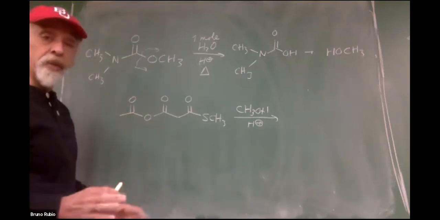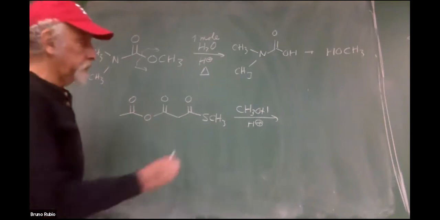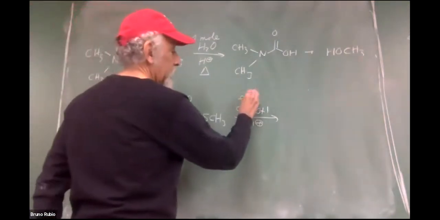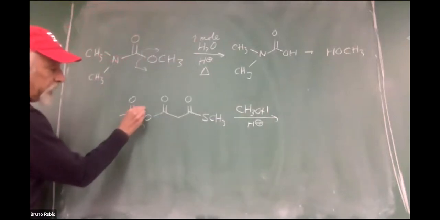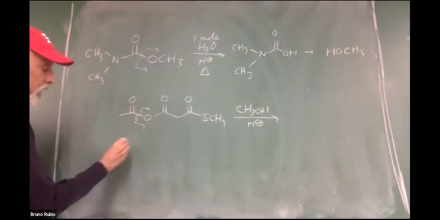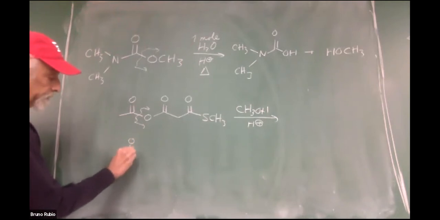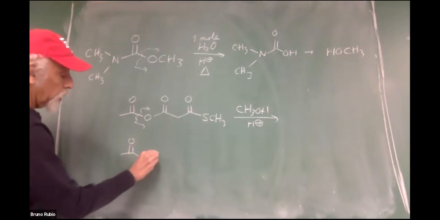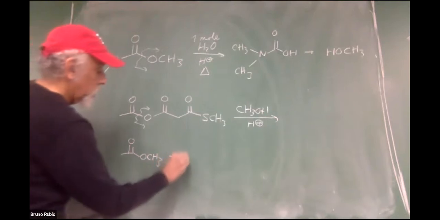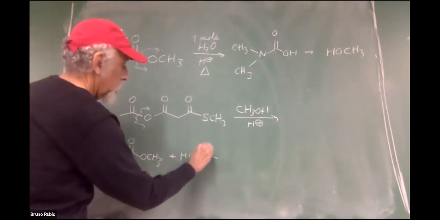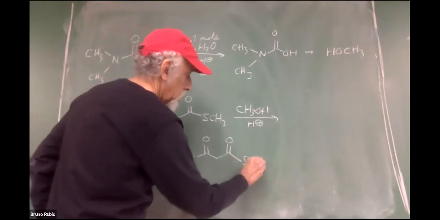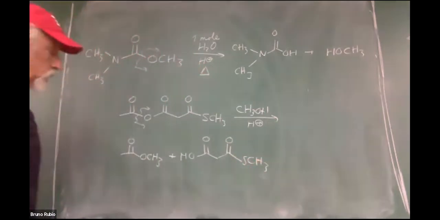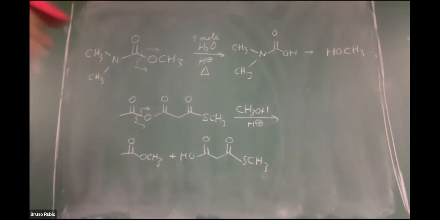So we get, let's say we have excess. So that's going to break off. That's going to take off. The nucleophile will take its place. So we could get something like that.